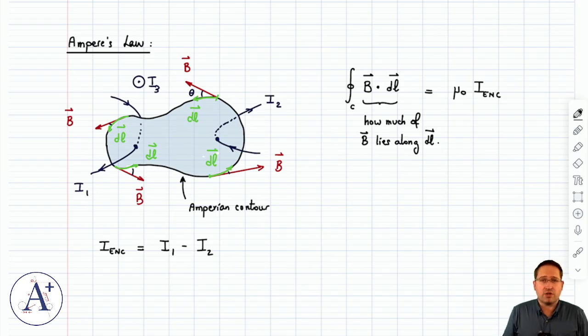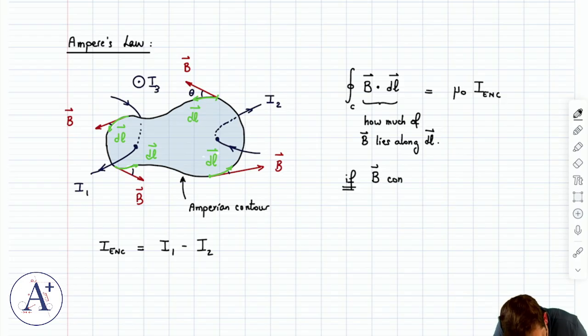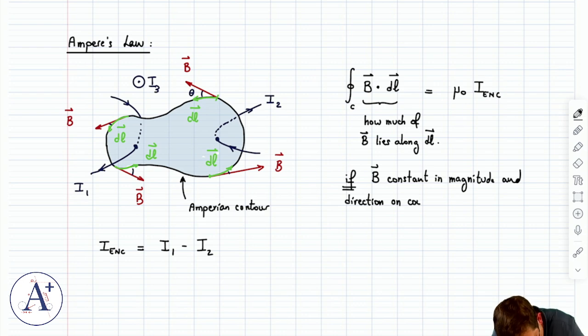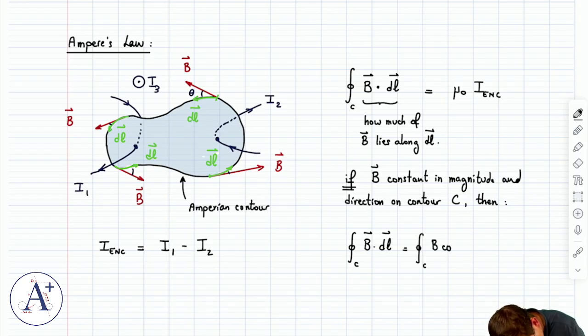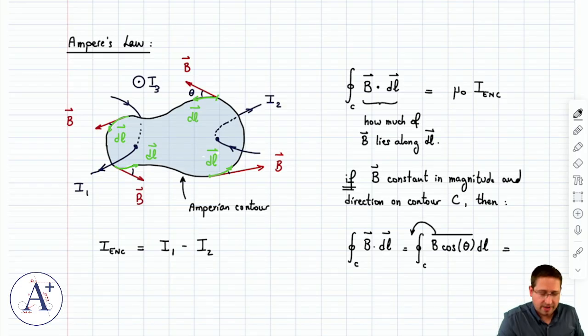And how you decide depends on what the magnetic field looks like. But the condition here is that if B is constant in magnitude and direction on the contour C, then the integral of B dot dl, which, by the way, by definition of the dot product, which you already know, is B cosine of theta, the angle between B and dl, times dl, is going to be something that simplifies because B and theta are constant on the contour, they get pulled out, and dl is the little piece of length of my contour.